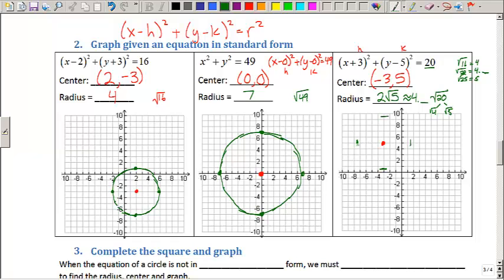So as long as it's between the correct two numbers, that should be sufficient to get you a good graph. Connect your points with a circular shape. And we have our graph of a circle.